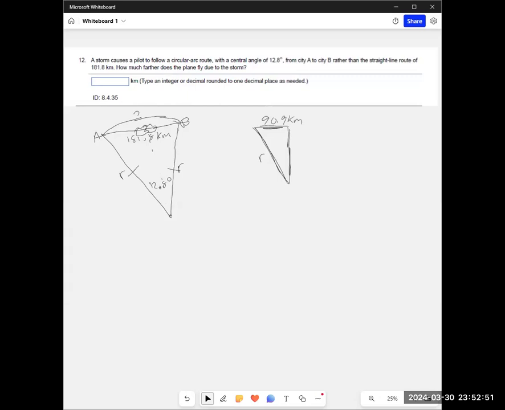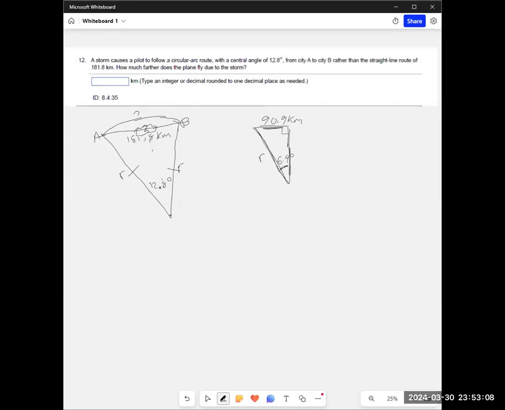And that's going to bisect this angle as well. So where that angle was 12.8, now it's 6.4 degrees.